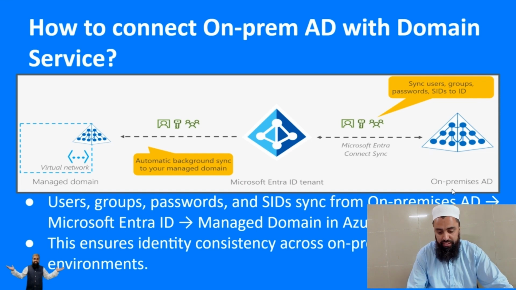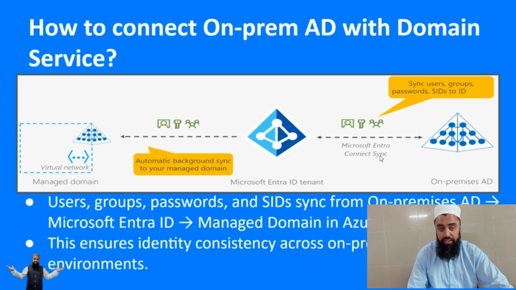Here I have on-prem Active Directory where my users are added, like users, passwords, and multiple identities. Whenever there is any change or modification, it is synced. Now you can see the arrow is on both sides, so whatever changes happen here are automatically synced.